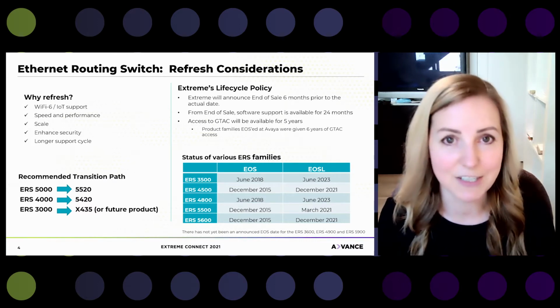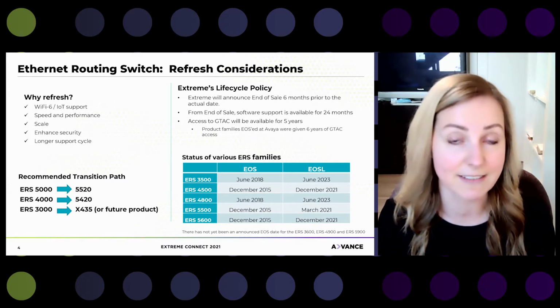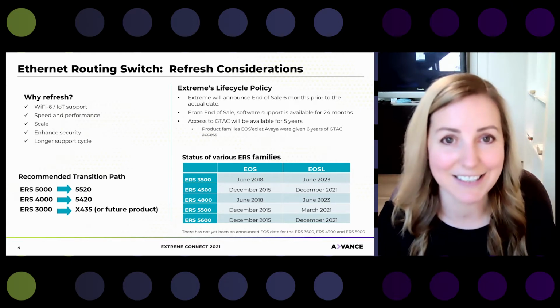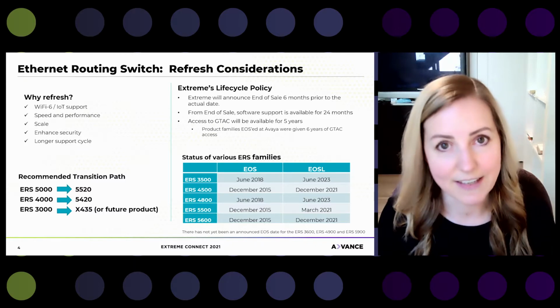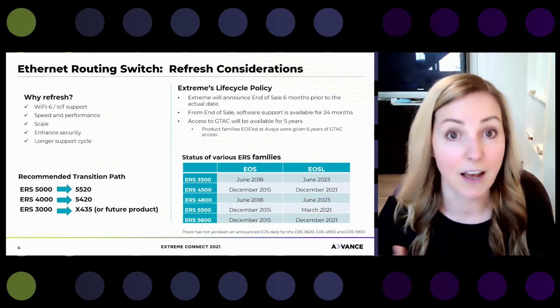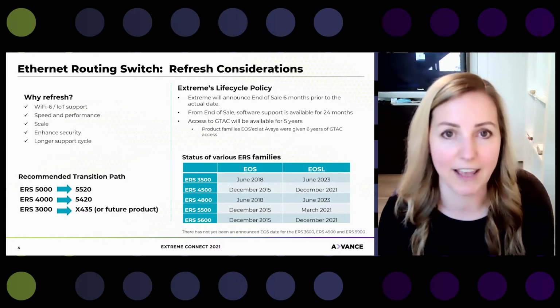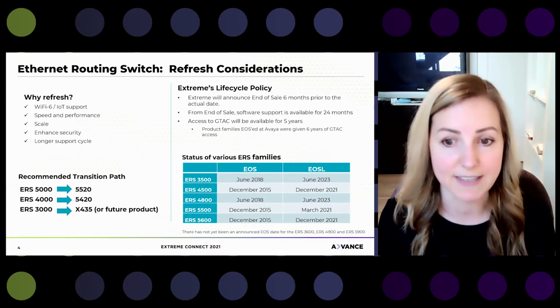Again, you may just need to provide scalable, reliable connectivity for these various things. Another reason may be to enhance security. The network edge, of course, is so critical. So looking at things like MACsec capabilities, policy, end-to-end segmentation that can go right down to the network edge. Or you might just be wanting to take advantage of a longer support cycle.